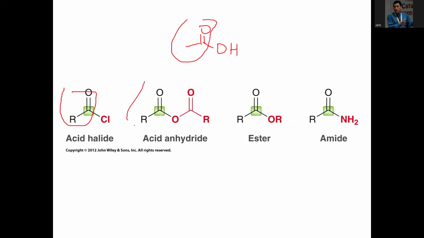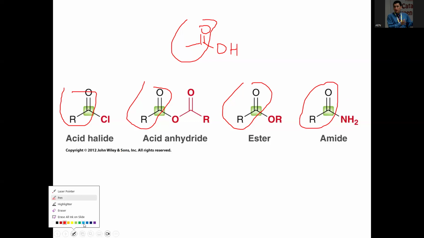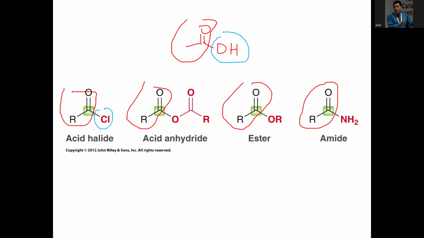So here, here, here, they're all in black, right? So the only thing that you are doing to carboxylic acid is just substituting this region that is in blue, in light blue. So the chlorine makes it a halide.